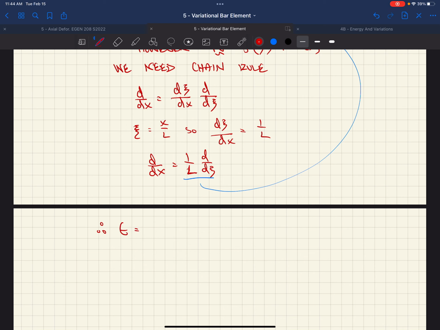Well, therefore, the strain is really du/dx, which, now that we plug in, is going to be the change with respect to x times the shape function times our displacement matrix. Well, now we know that d/dx is really 1 over L d/dxi of our shape function times our displacement.